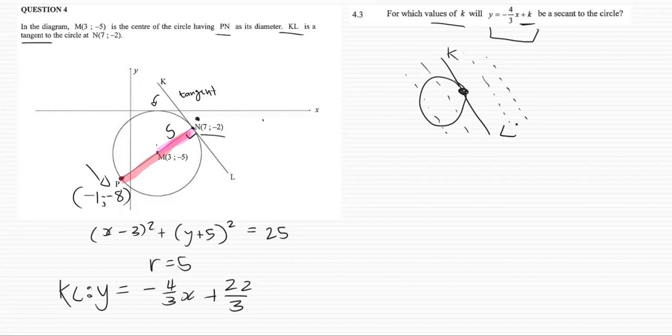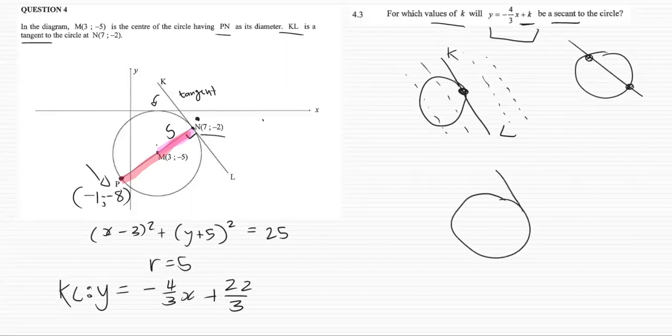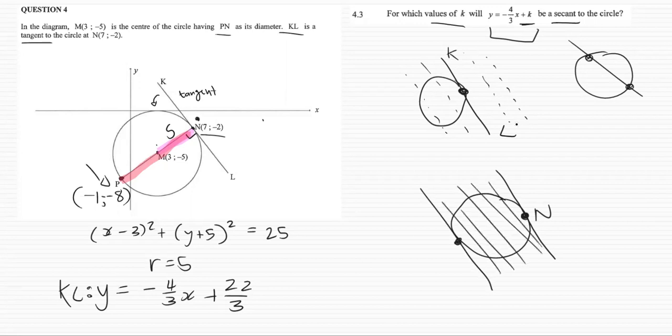So we know that a secant is a line that cuts the circle more than once. So this KL, between where it is at the moment, which is at point N, until it gets to here, where it's a tangent again, all the in-between space here, it's a secant.